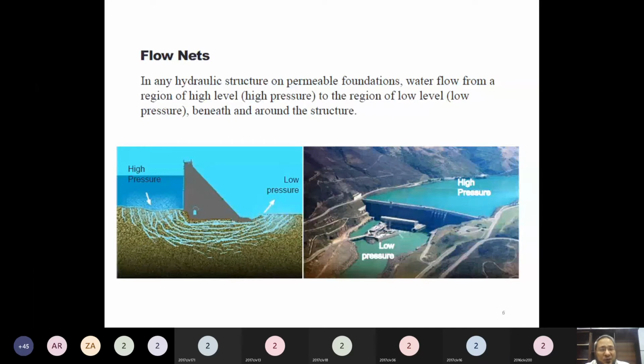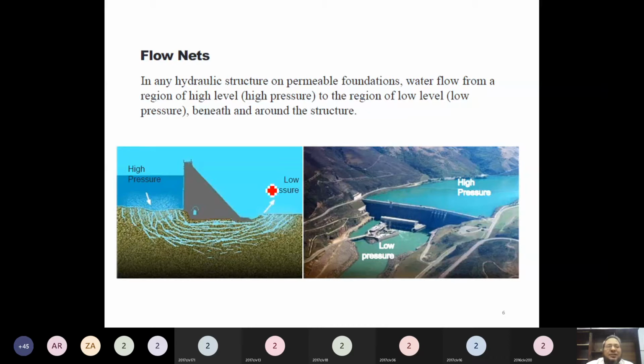Streamlines are also called flow lines and also known as psi lines. Psi lines, streamlines, flow lines, same thing. What are the other lines? Equipotential lines are phi lines. So it is the network of flow lines and equipotential lines that is called a flow net.